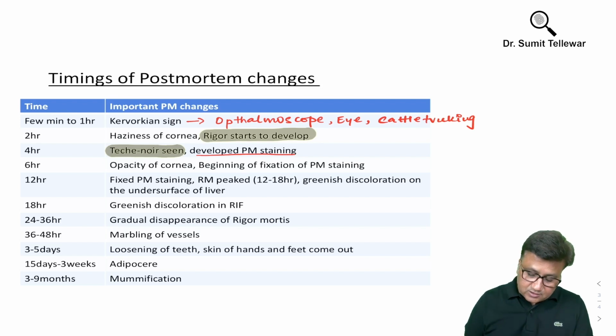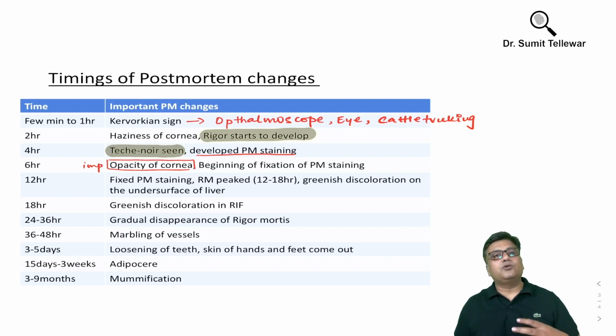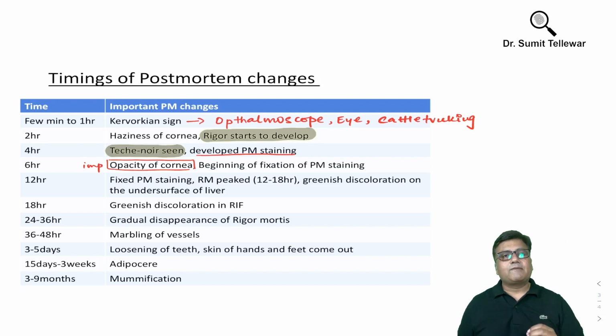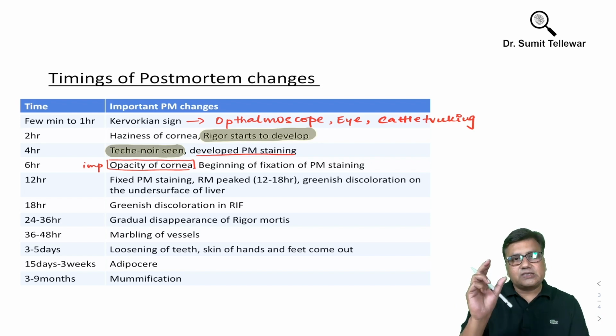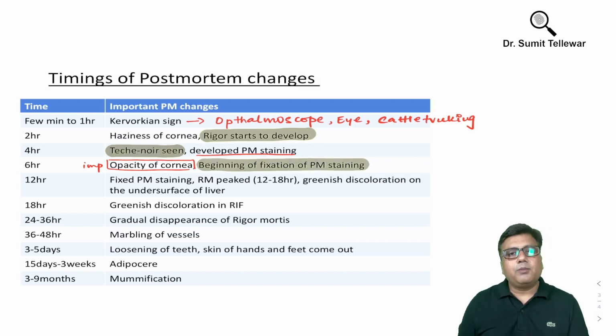At 6 hours, the cornea becomes opaque. Now this is important. The cornea becomes opaque, so it is not usable now. So for any person whose cornea has to be harvested for grafting or transplantation, the window time period is 6 hours. And this is the time period where we start to see the beginning of the fixation of PM staining.